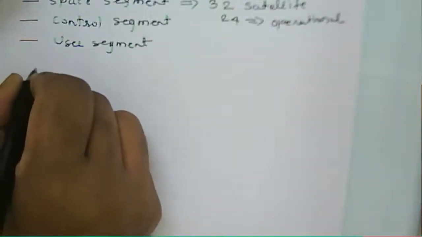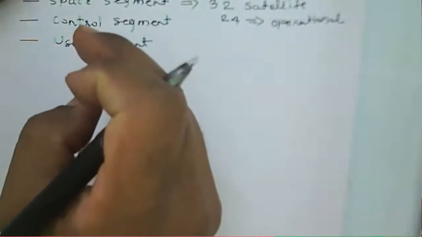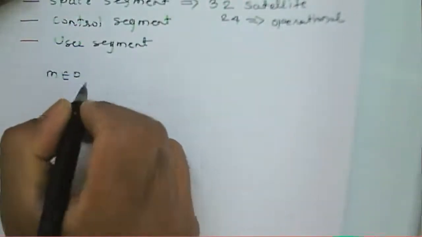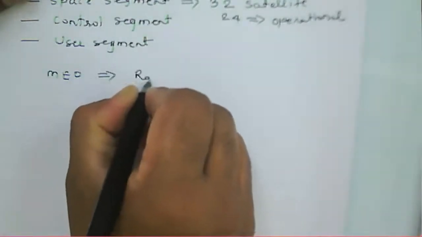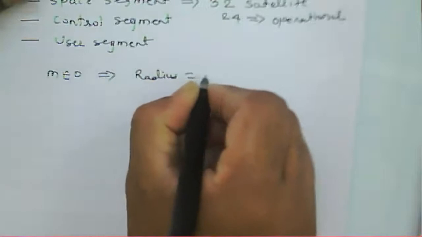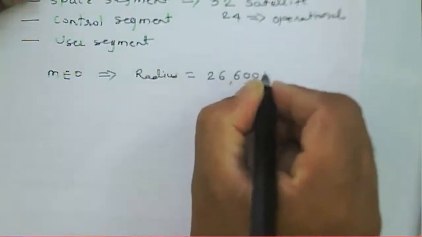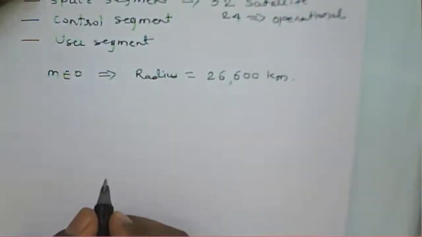In the space segment, the satellites are present in the medium Earth orbit, with a radius equal to 26,600 kilometers from the center of the Earth.